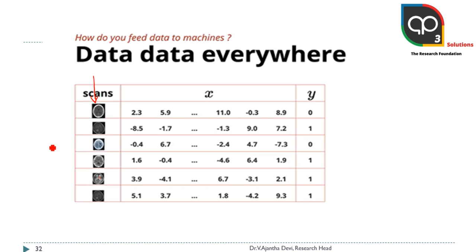Here is a medical image, and based on that, you want to train this machine to find out whether any anomaly is present or not. That's the kind of application you are trying to build. So it's very important to understand this.